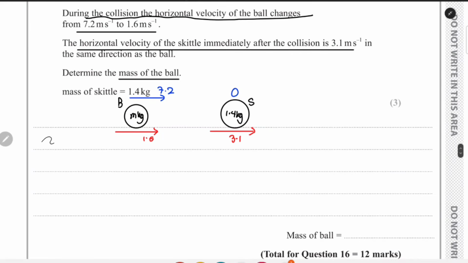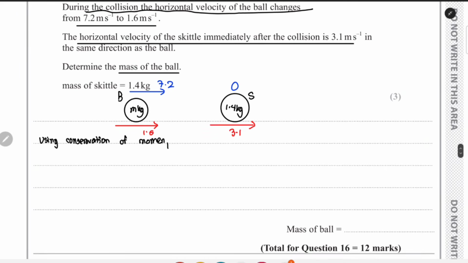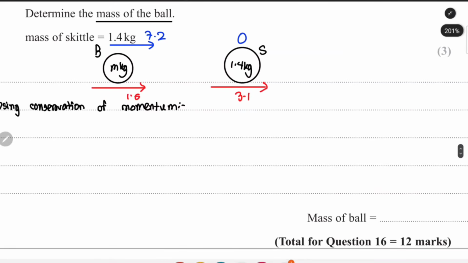So using conservation of momentum, m times 7.2 equals m times 1.6 plus 1.4 times 3.1.